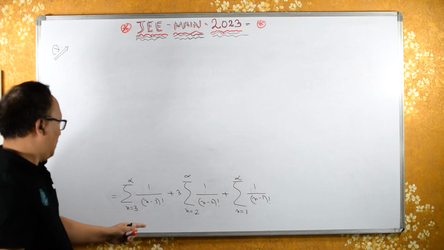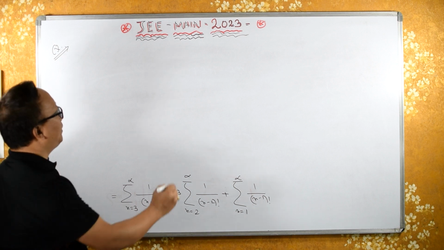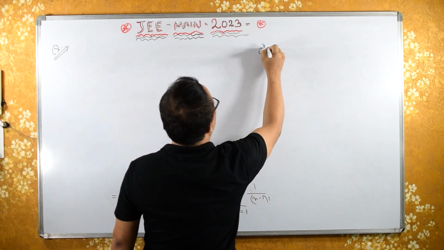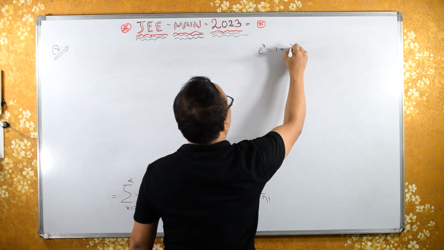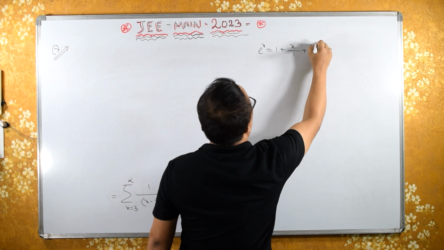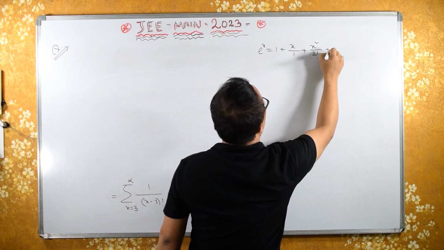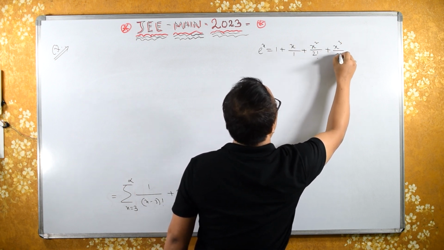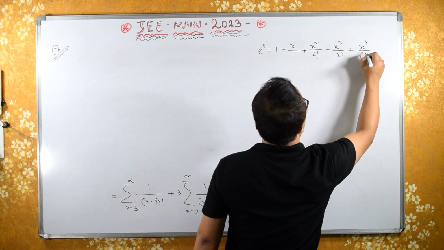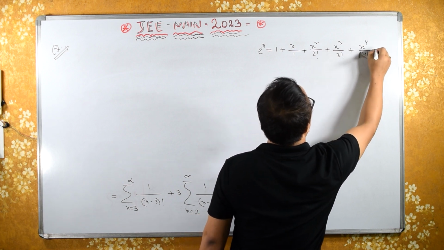Now what is this value? Remember what is e raised to x? We have e raised to x is 1 plus x upon 1 factorial plus x square upon 2 factorial plus x cube upon 3 factorial plus x to the 4 upon 4 factorial plus and so on.